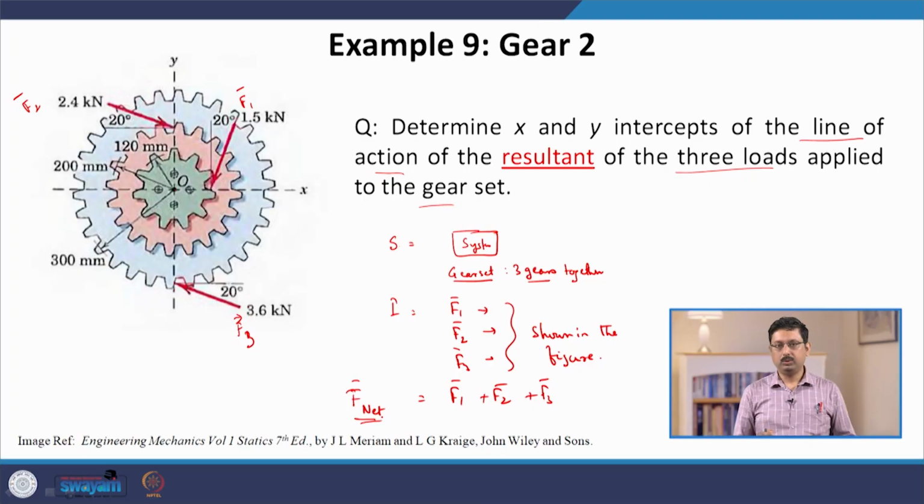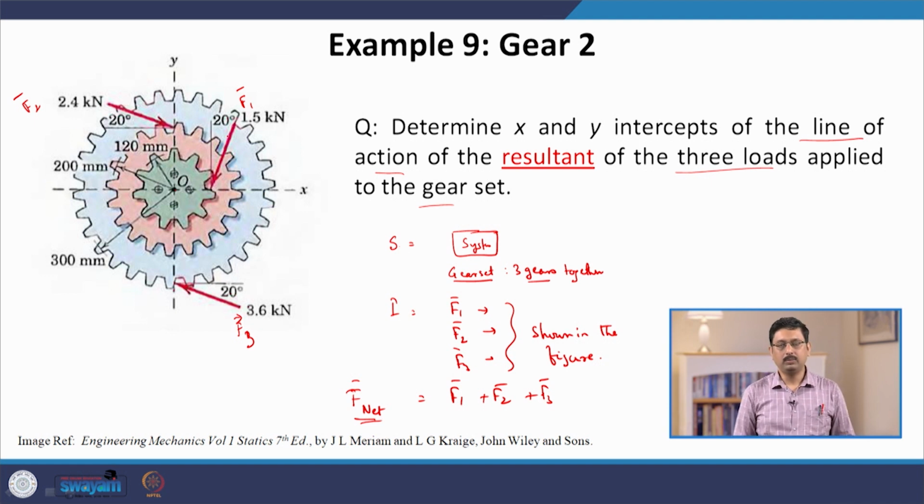We can determine it by demanding the condition that the resultant force must generate the same amount of moment as that generated by these individual forces.